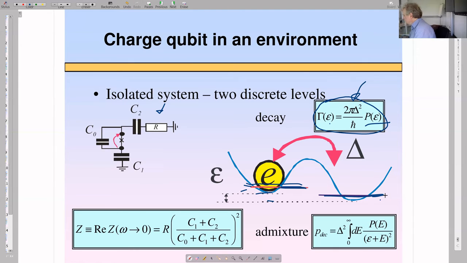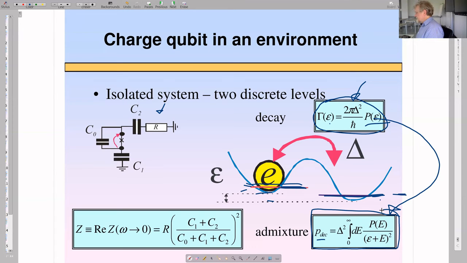It means that if an electron is, for instance, in the lowest energy state, it doesn't mean that it's entirely in the right dot. There is a finite probability, a delocalization probability, to find it in the left dot. This probability also depends on the same quantity, but in integral fashion. Probability of delocalization.